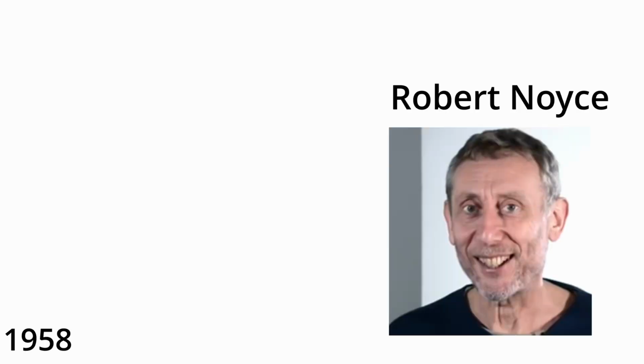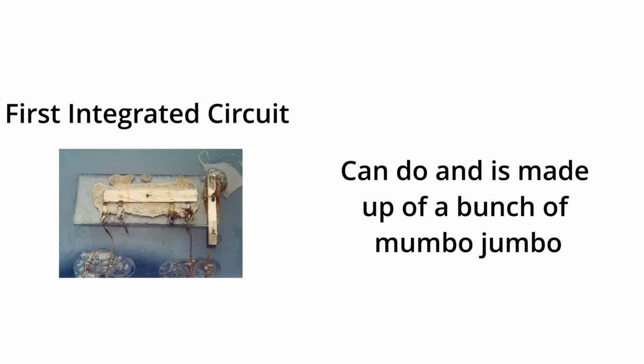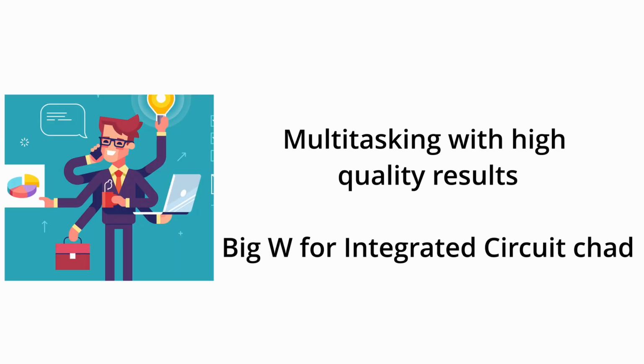In 1958, the first working integrated circuit was built by Robert Noyce. But Jack Kilby was the first guy to attempt making it, but he just failed a lot. The integrated circuit is really cool because it has a bunch of components, like the transistors and stuff, and it can do multiple sophisticated high-level tasks all at once.